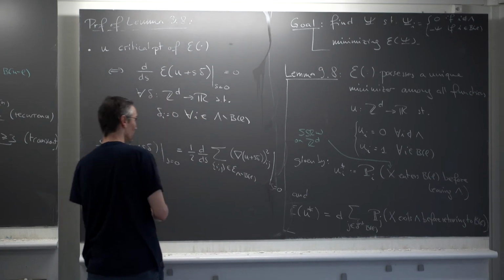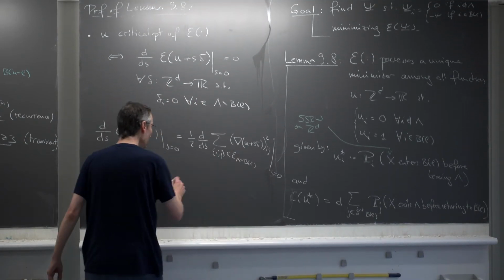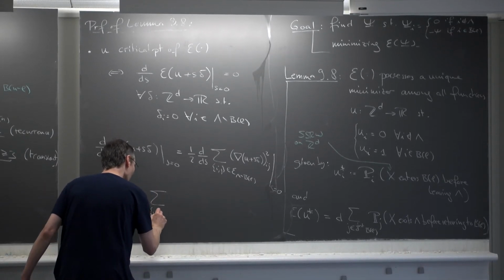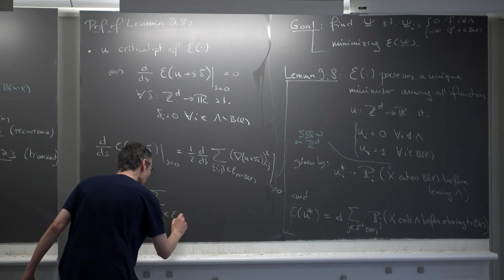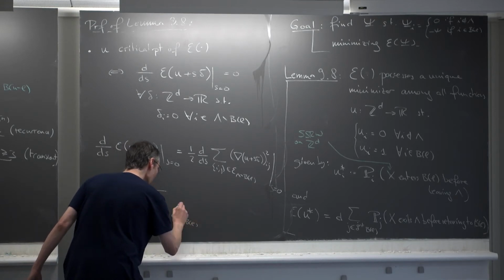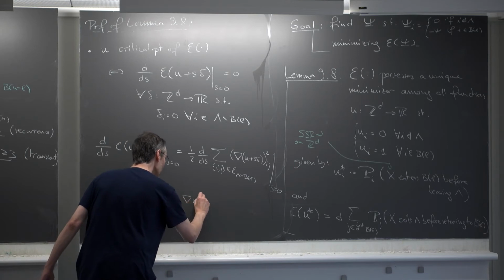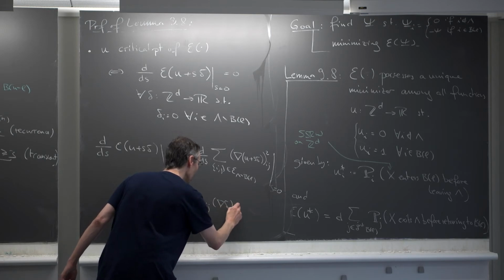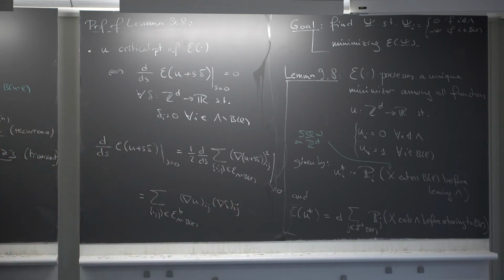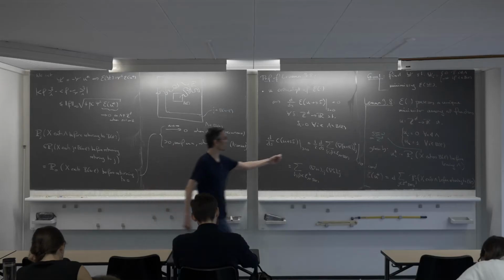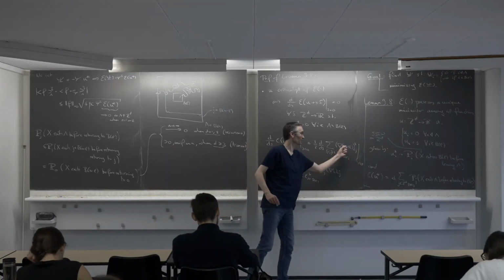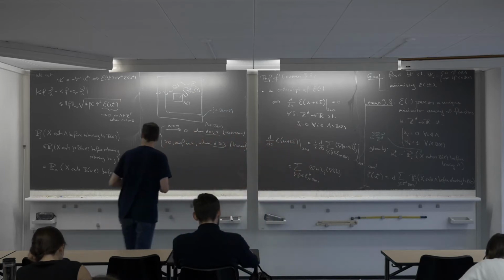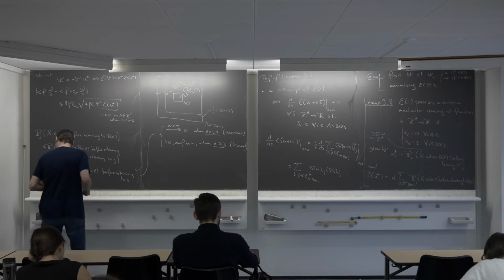Okay, so the only term that remains is the term which is linear in s. So you immediately get that this is equal to the sum over all ij in E of Lambda minus B_L of gradient u at ij times gradient delta at ij. The 1/2 disappears, since this mixed term comes with the coefficient 2, so it disappears when you take the 1/2.